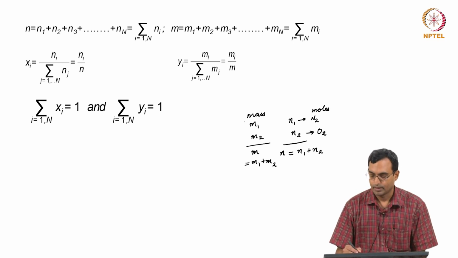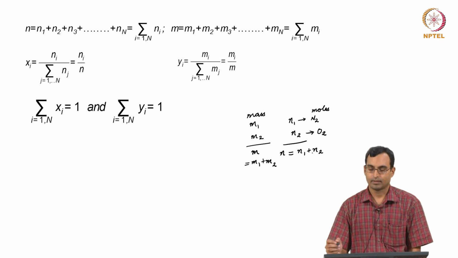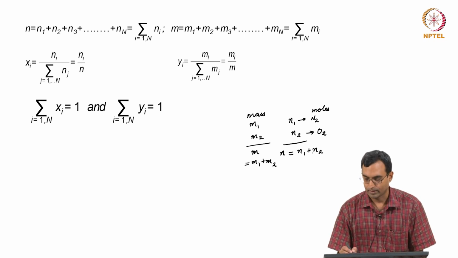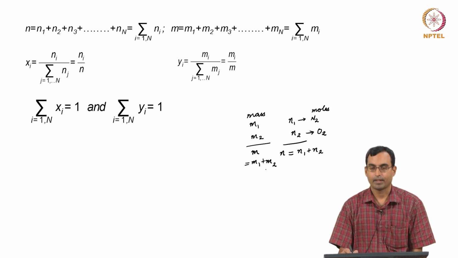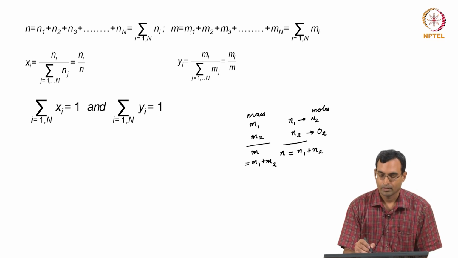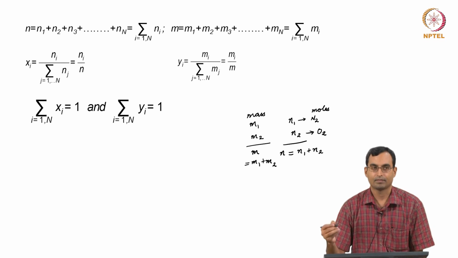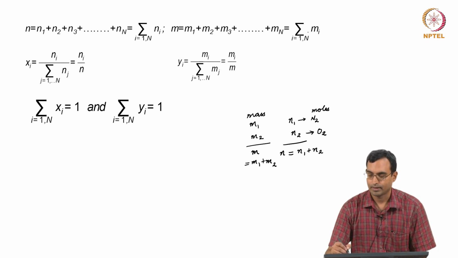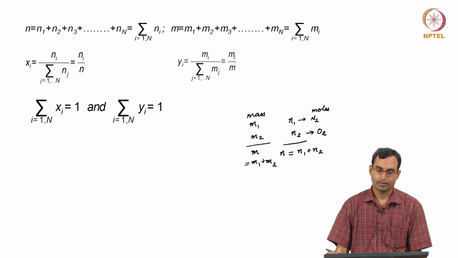We also have conservation of moles here because there is no chemical reaction of any kind going on. So, the total mass m must be equal to the sum of the individual masses, which is shown by this formula, where m is m1 plus m2 plus so on up to the last species if we have n number of species. Essentially that is the summation of m of the ith species.